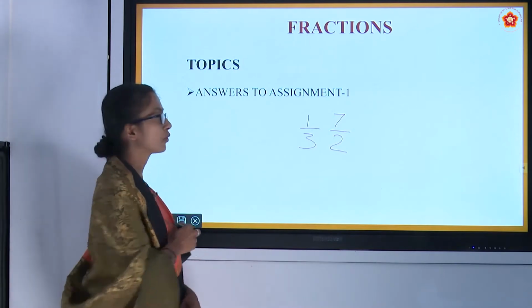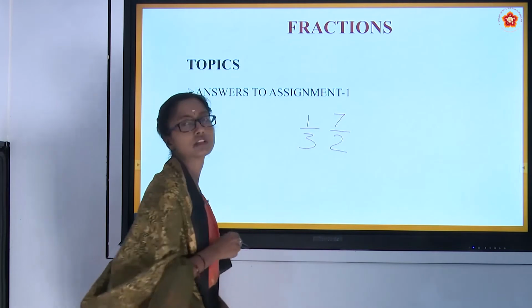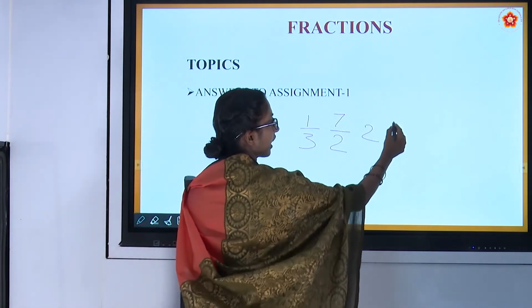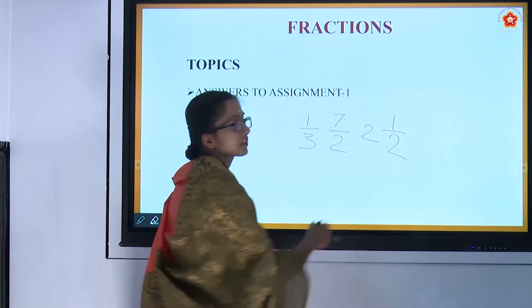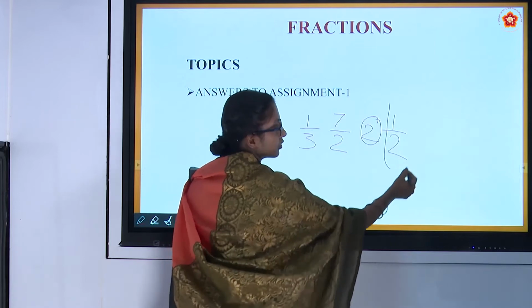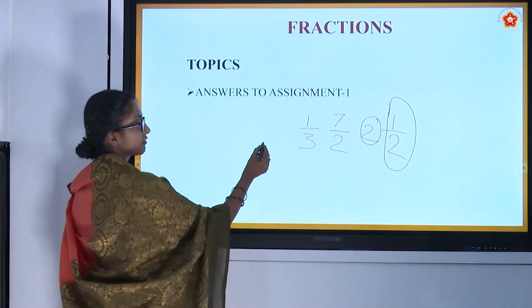Improper fraction: 7 by 2. Here the numerator is larger than the denominator. Mixed fraction: a whole and a part. Both will be there, whole and part.